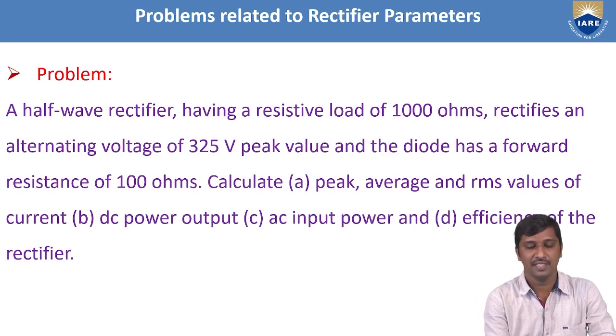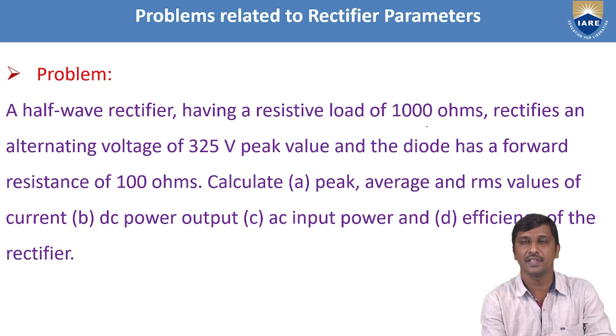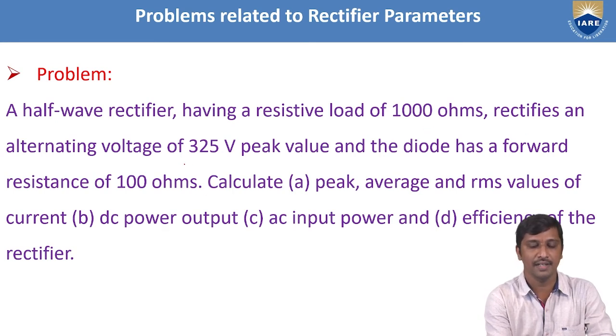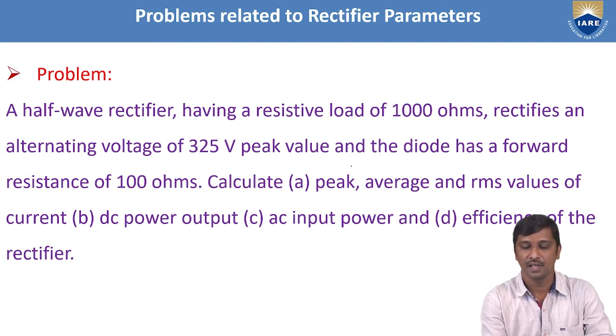A half wave rectifier having a resistive load of 1000 ohms rectifies an alternating voltage of 325 volts peak value, and the diode has a forward resistance of 100 ohms. Calculate the peak, average, and RMS value of current.